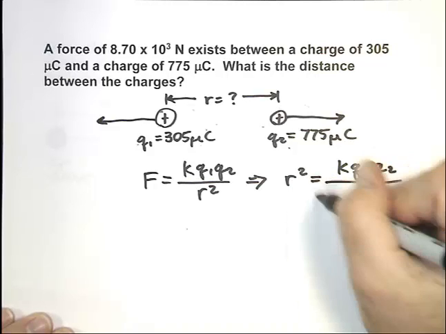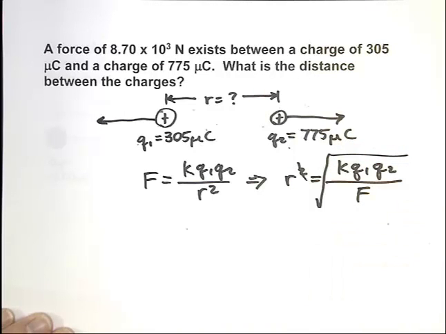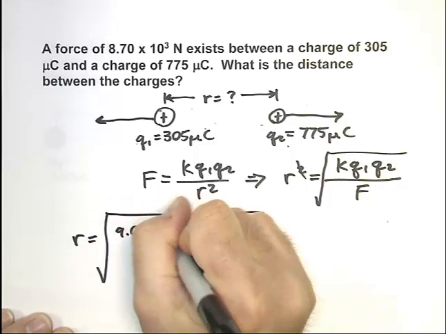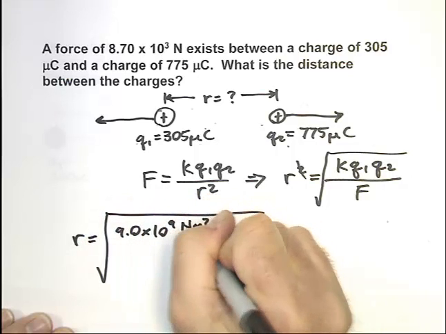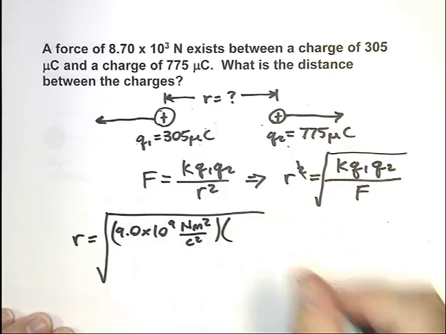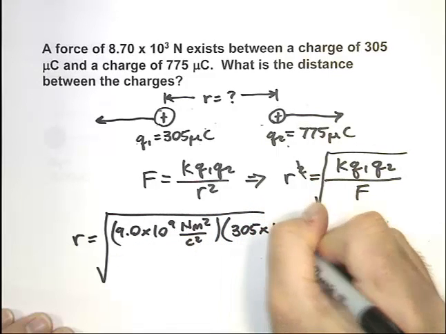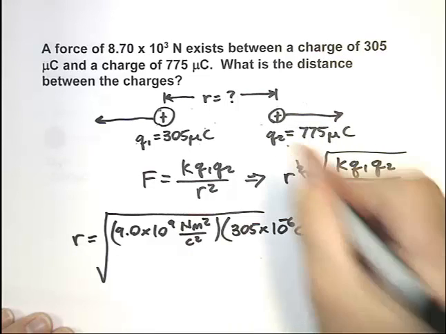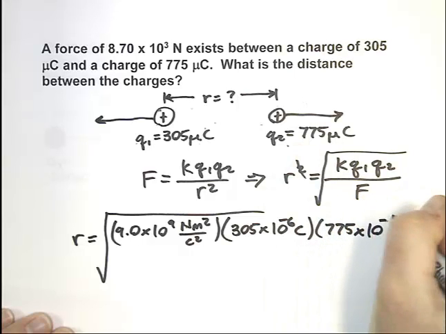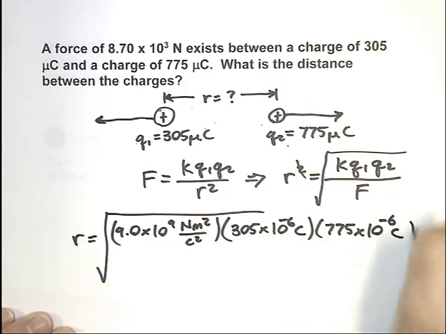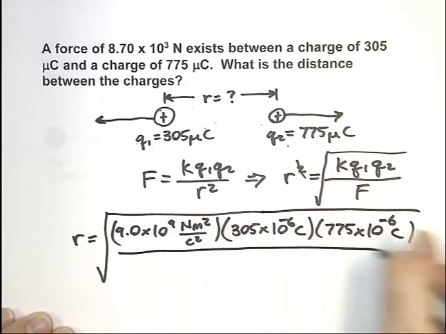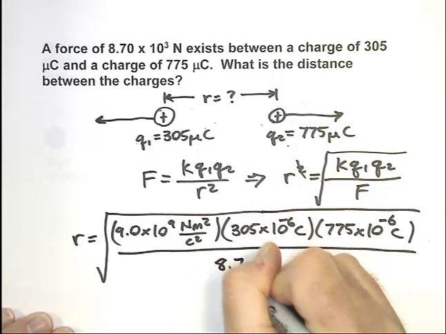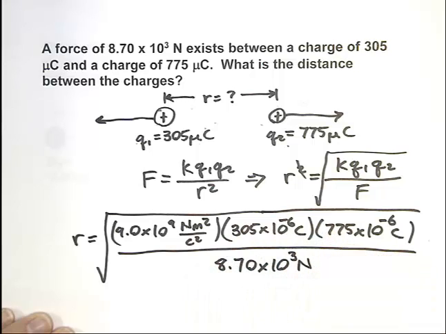Since I'm after R, not R squared, let's square root both sides. So R is equal to the square root of K times Q1 times Q2 all over F, which we know is 8.70 times 10.